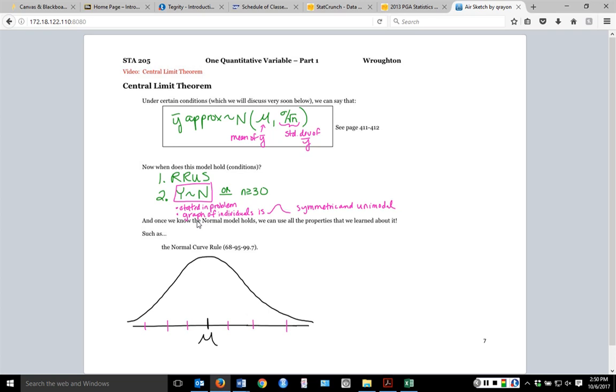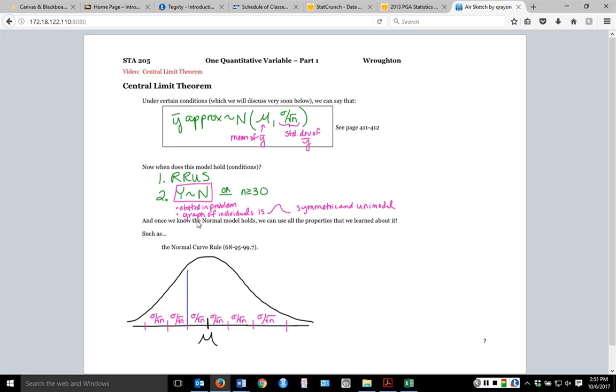What is my standard deviation? That's sigma over the square root of n.